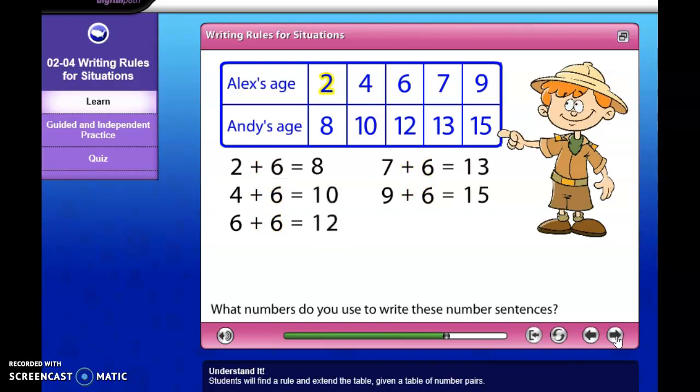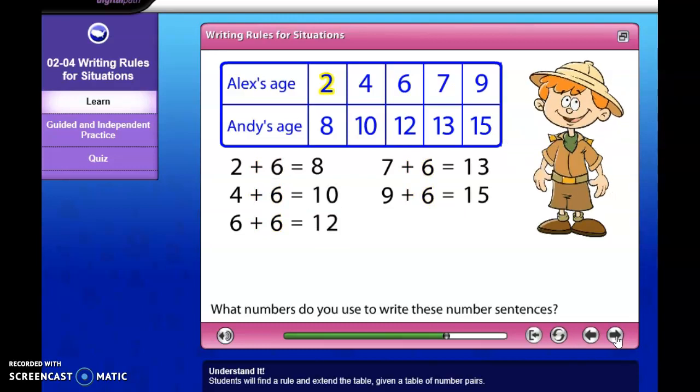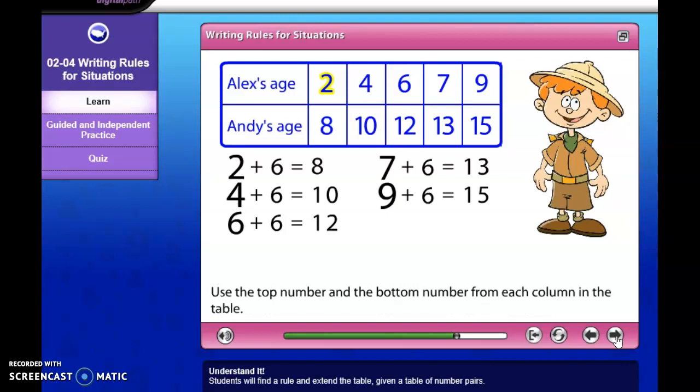What numbers do you use to write these number sentences? Use the top number and the bottom number from each column in the table. In other words, where do you start and where do you want to end up?